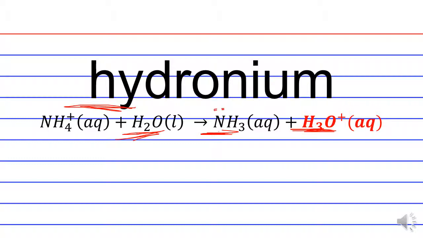Remember, nitrogen itself has 5 valence electrons. This has 5 valence electrons. And the proton usurped from ammonia is going to get attached to water to form your hydronium ion or cation.